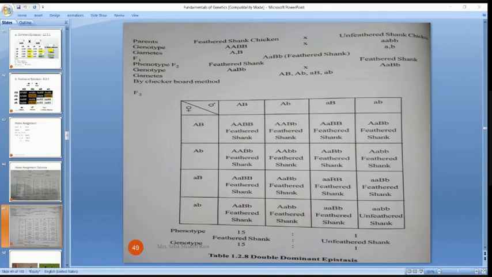Example is this. Here, capital B is absent, so the person is deaf and mute. And in this case, capital A is absent, deaf and mute. So this is called a double recessive.